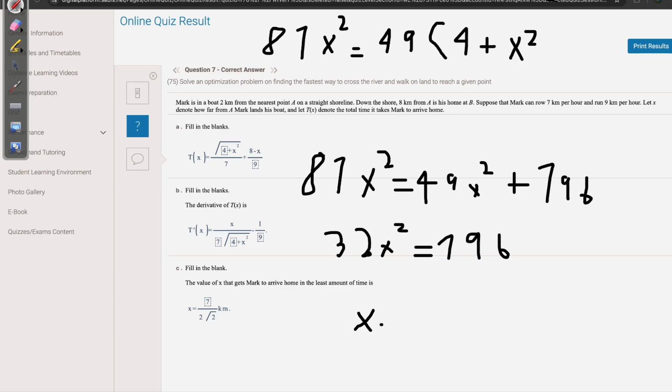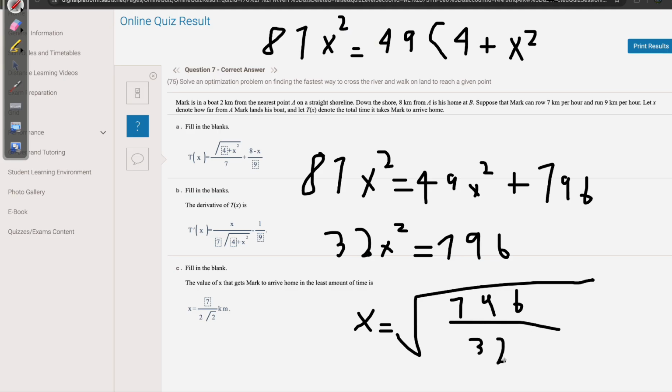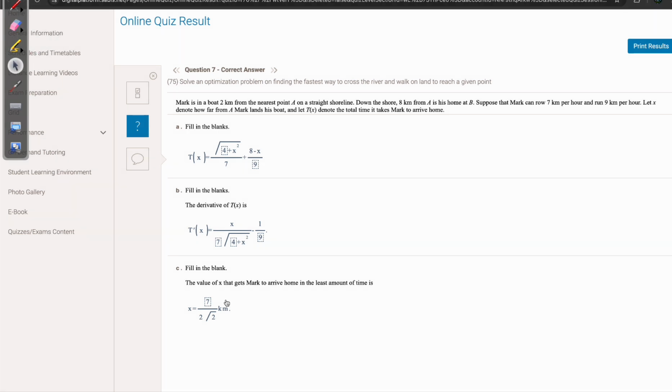So x will be equal to radical 196 over 32, which is equal to 7 over 2 radical 2, my bad. Which is what we got in part C. Are there any more parts? No. Number 8.